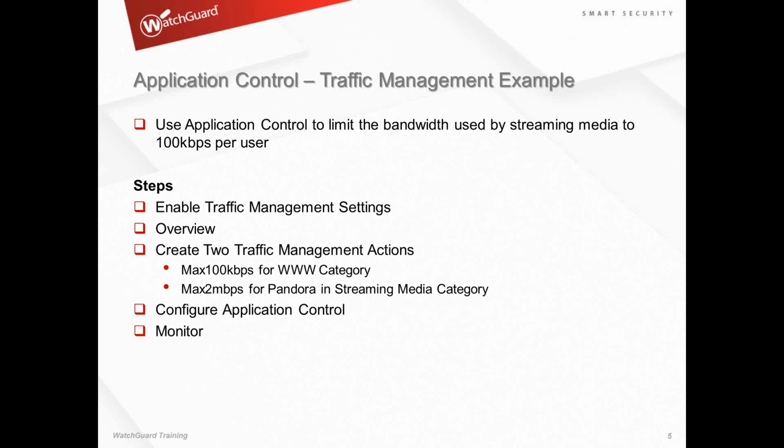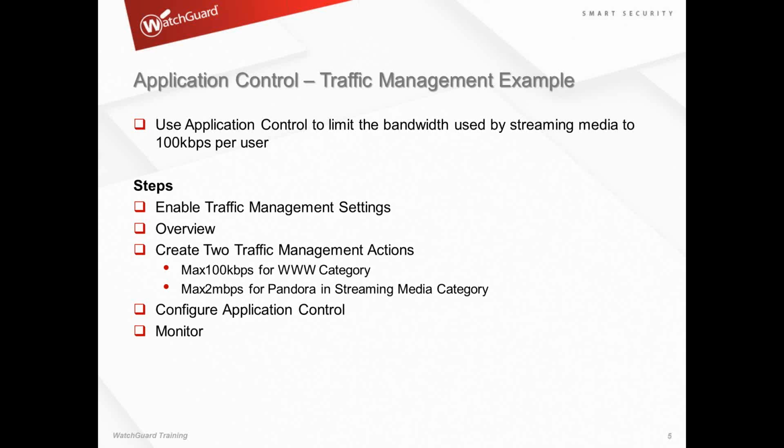Some of the steps that we're going to go over today: we're going to enable traffic management settings, and as Chris mentioned, there are some overall general settings that we need to address. We're going to take a look at an overview of how the traffic management policy is going to control, for instance, streaming media while we're still allowing web browsing, and controlling those in 2 traffic management actions.